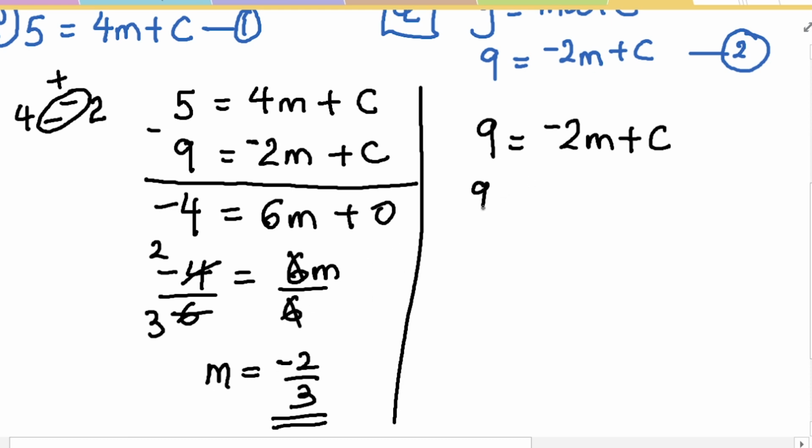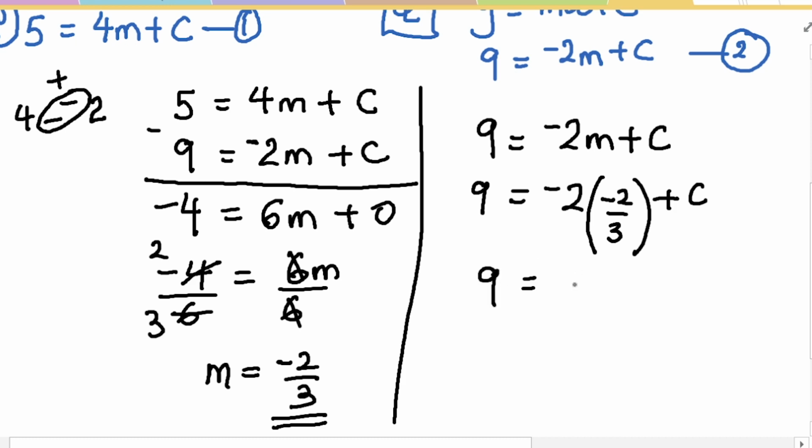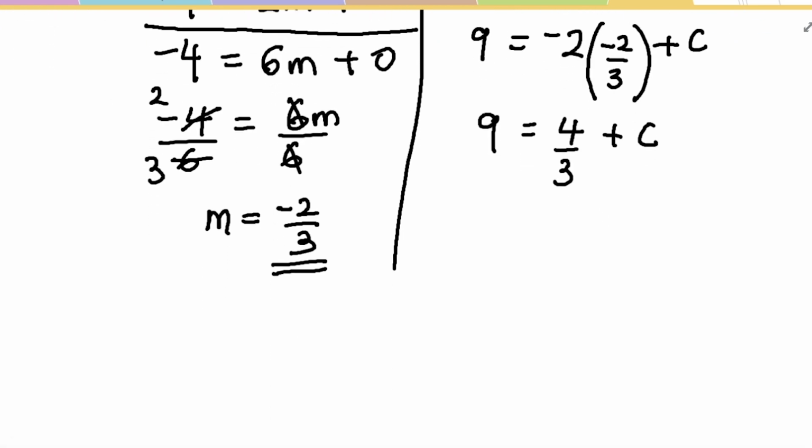So 9 is going to be equal to -2 times my value of m, which I got as -2 over 3, plus c. We are trying to find the value of c. So -2 times -2 is positive 4, divided by 3, plus c. From here, we find 9 minus 4 over 3, over 1, is equal to c.